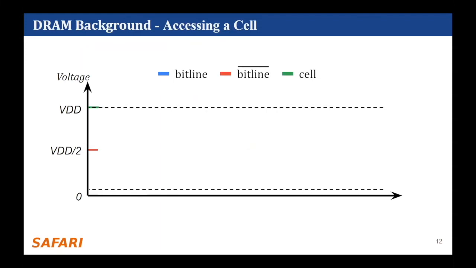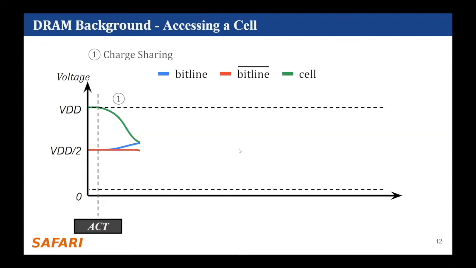Here we show the brief procedure of accessing a fully charged DRAM cell. The x-axis represents time and the y-axis is the voltage level in the bit lines and the cells. So when we want to activate a row, the activation command first lets the DRAM cell share its charge with a bit line.